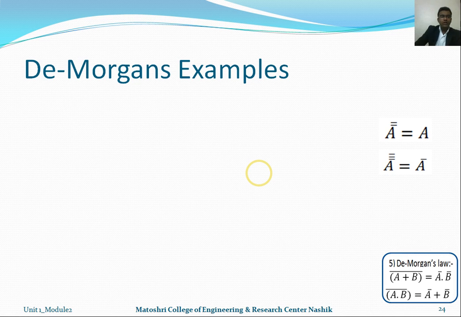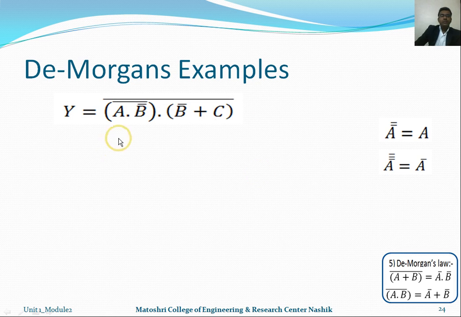Let's move to another example of De Morgan's theorem. Here again the whole complement is available over these two brackets which are ANDed to each other. We break the whole complement and change the functionality between these two brackets. Here the AND functionality is given.